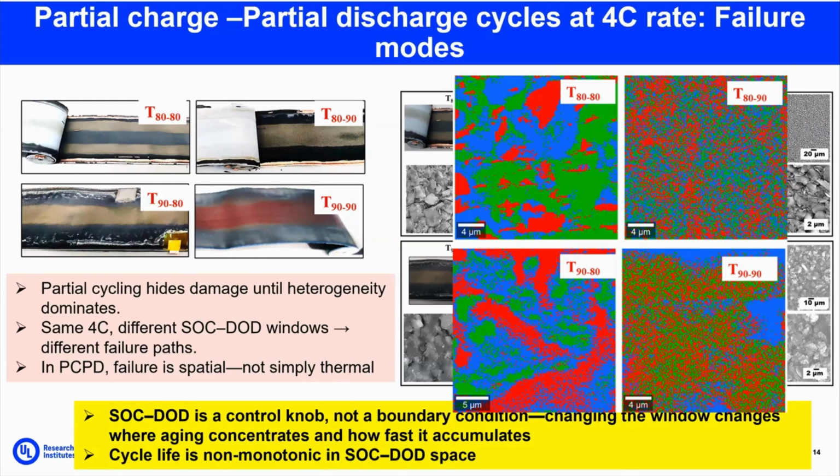We assume that when we are lithiating or discharging or charging, the phase formation will occur uniformly. But after we did the DP and probed with Raman mapping, we can see the red color is LiC6. The green color indicates the LiC18 lithiation phase, and the blue one is pure graphite.